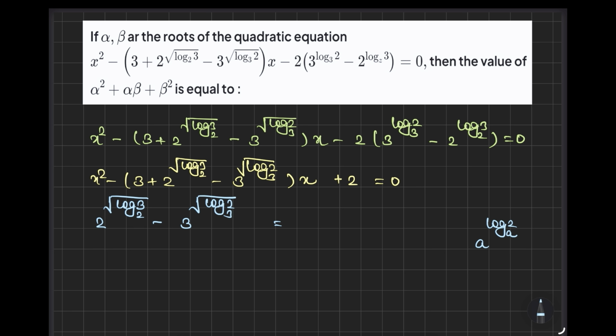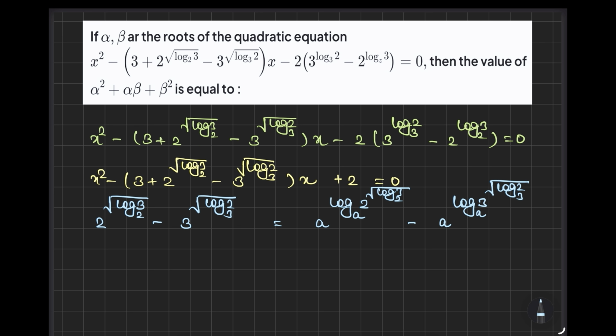So can I write a to the power log base a of this argument, 2 to the power log 3 base 2, minus a to the power log base a of 3 to the power log 2 base 3.